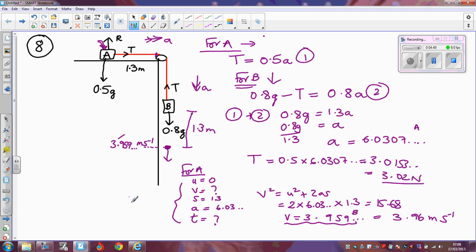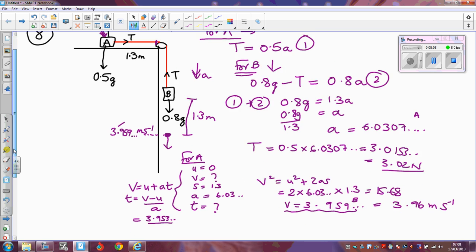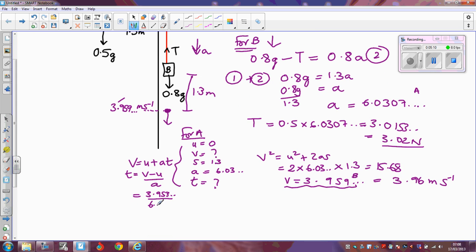All I need to use there is v equals u plus at, which means t is just v minus u divided by a, which is 3.959, the u was 0, and a was 6.03. That comes out as 0.6565 seconds.